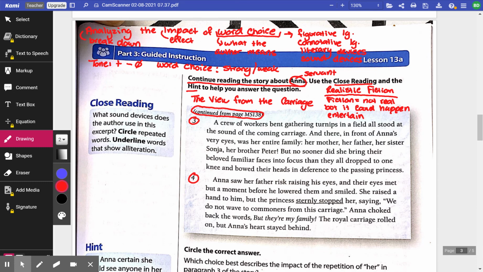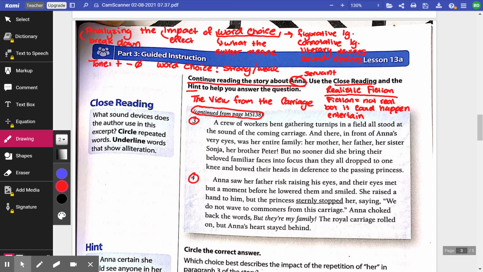Anna saw her father risk raising his eyes, and their eyes met but a moment before he lowered them and smiled. She raised a hand to him, but the princess sternly stopped her, saying, "We do not wave to commoners from this carriage." Anna choked back the words, "But they're my family." The royal carriage rolled on, but Anna's heart stayed behind.